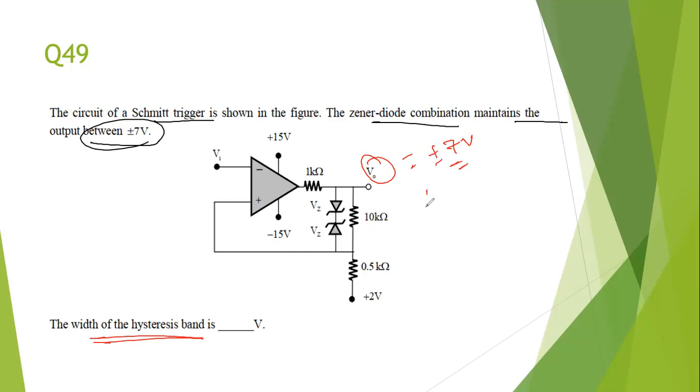I have already discussed hysteresis width.